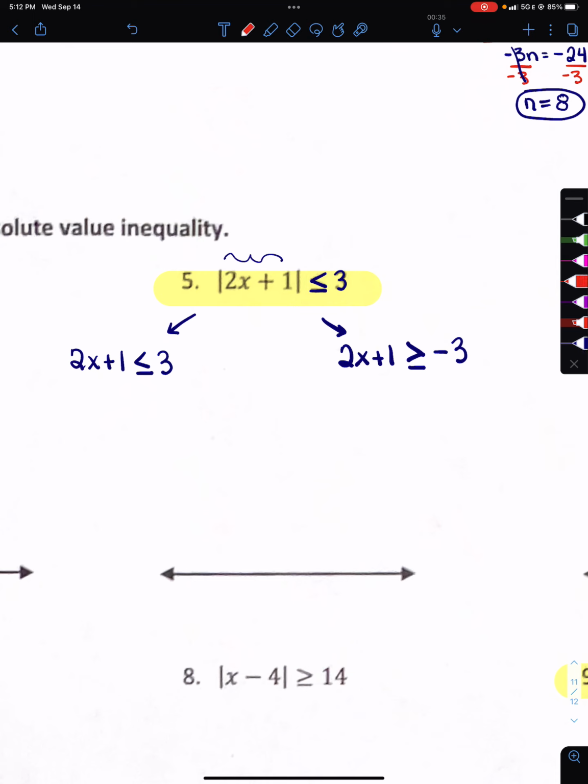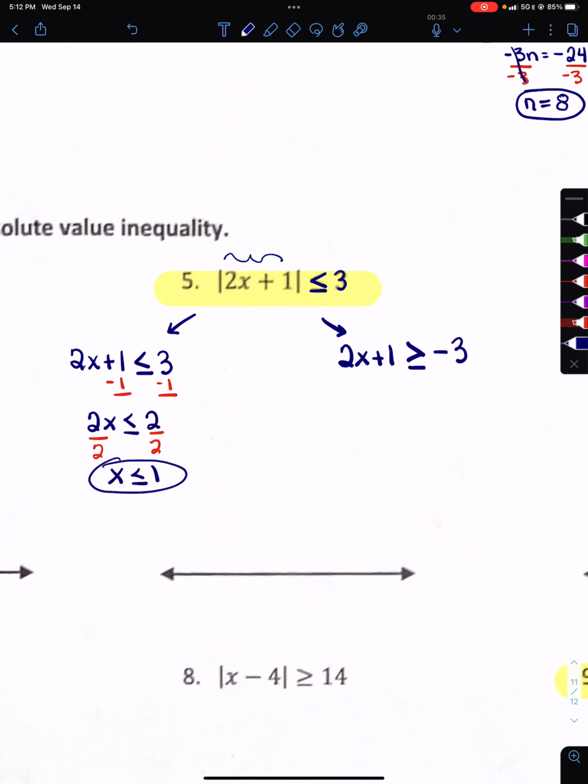All right, let's go ahead and solve this one. First thing I'm going to do, subtract 1 from each side. So I've got 2x is less than or equal to 2. Divide both sides by 2. And I have x is less than or equal to 1. There's my first solution.